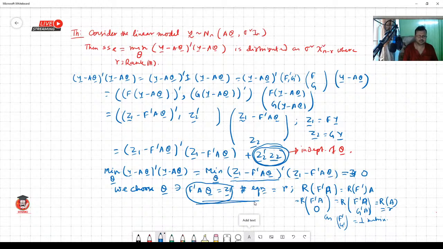This equation is solvable. So this means there exists a solution of θ̃ such that f prime Aθ̃ is equal to z1.